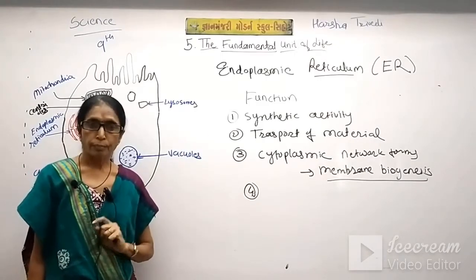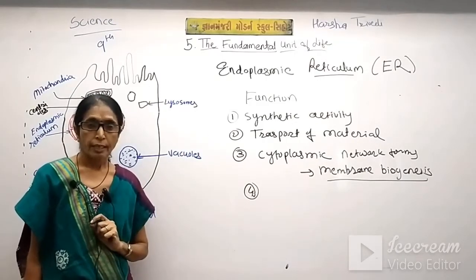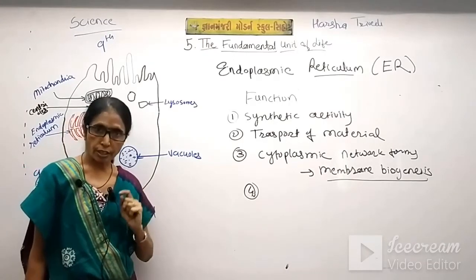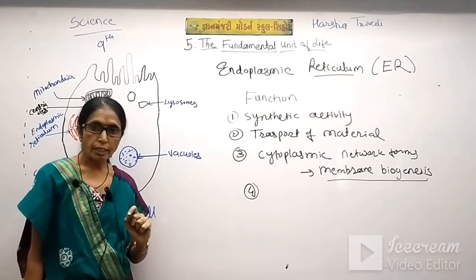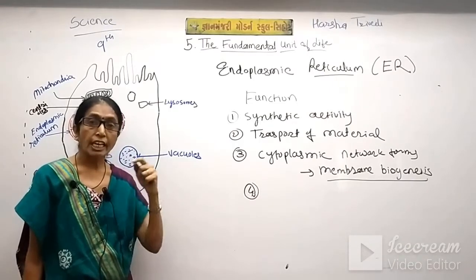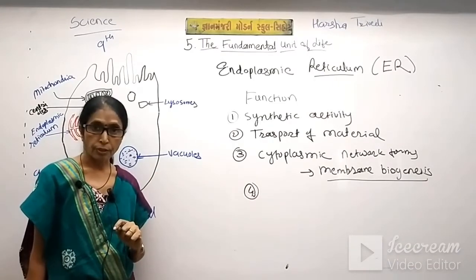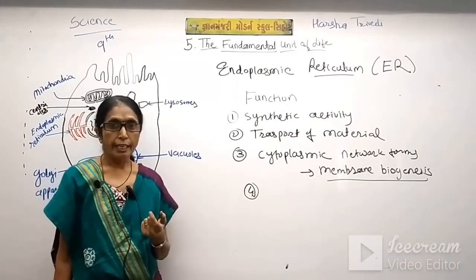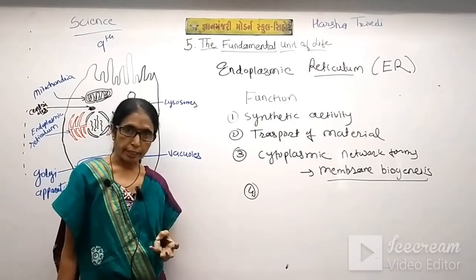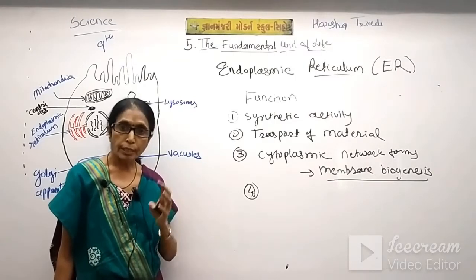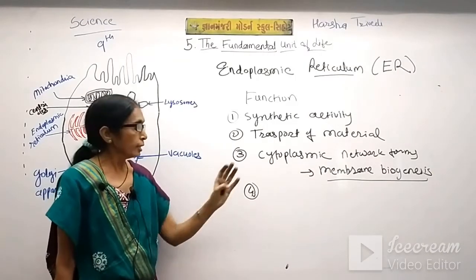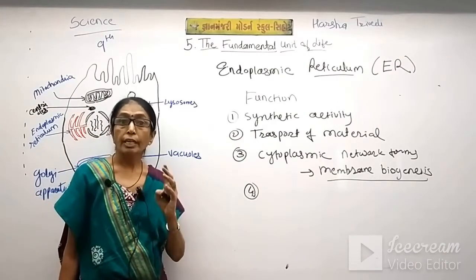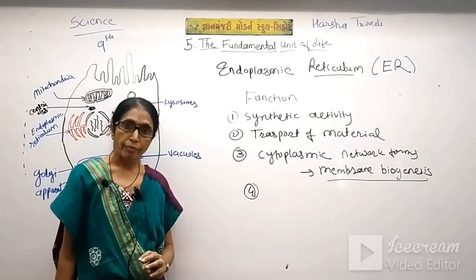The endoplasmic reticulum in liver cells is used for detoxifying the poison or bacteria which enter in our food. Suppose we take any drug and a reaction to that drug takes place. It is minimized by the endoplasmic reticulum present in our liver cells.